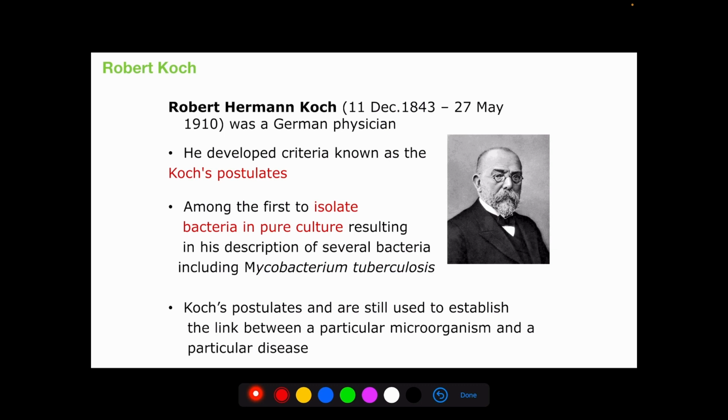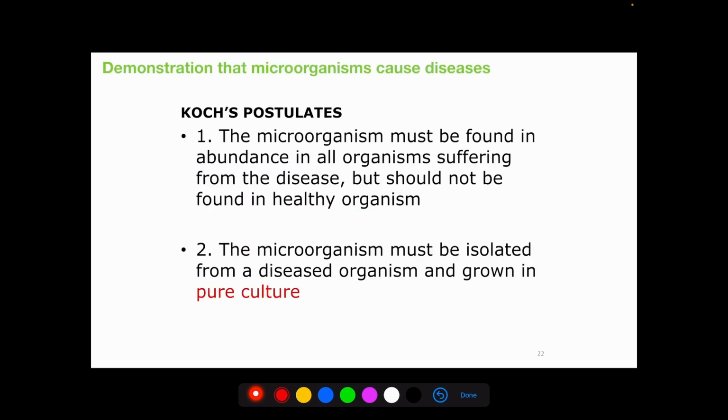Now, let's look at what he postulated. We have 4 main things under Koch's postulates. The first thing is, for us to say someone has a particular disease, the microorganism which is causing the disease must be found in abundance in all organisms who are suffering from the disease.